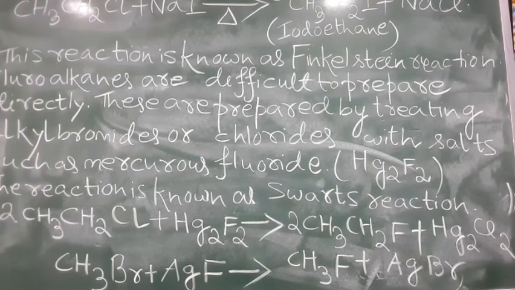The reaction is known as Swarts reaction. 2 CH3CH2Cl plus Hg2F2 gives 2 CH3CH2F plus Hg2Cl2. You can also add silver fluoride. CH3Br plus AgF forms fluoromethane CH3F plus AgBr.